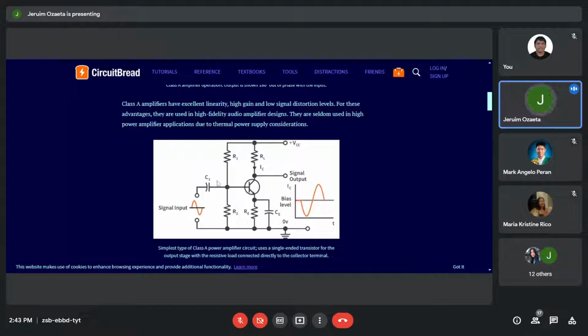Note that given the values of R sub 1 and R sub 2, we can find how many volts will be present at the base with respect to V sub C, or how many volts will be present with respect to V sub G. This V sub G is the ground. Now, if the input current is going positive and this time the bias is positive, what happens is that the input current will add up.